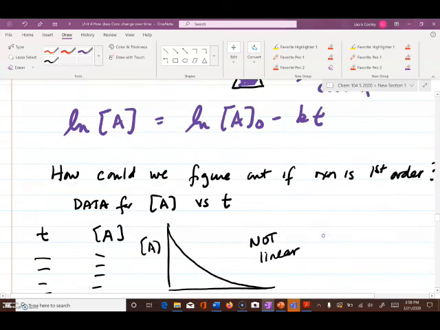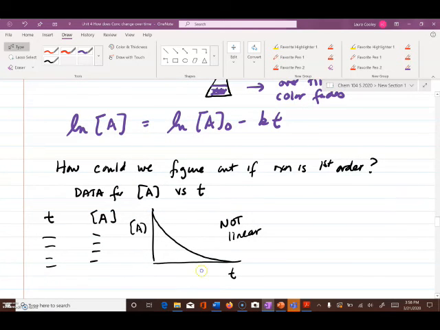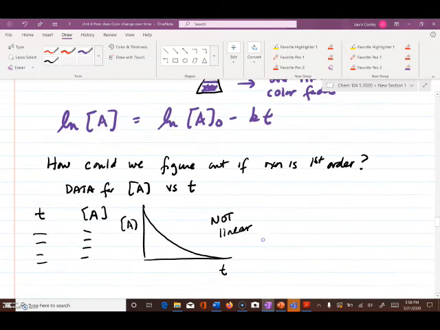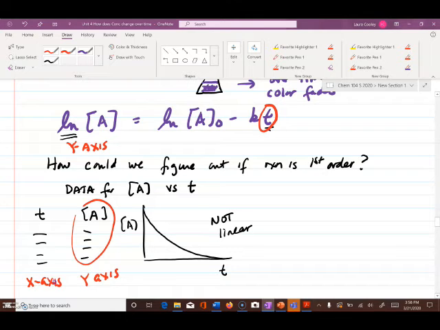But if we take a close look, as I've been promising for a while now, at this equation, if you actually graphed, instead of the concentration of A, the natural log of A versus time, putting this on the y-axis and time on the x-axis, we see that there is a linear relationship between the log of A and time.